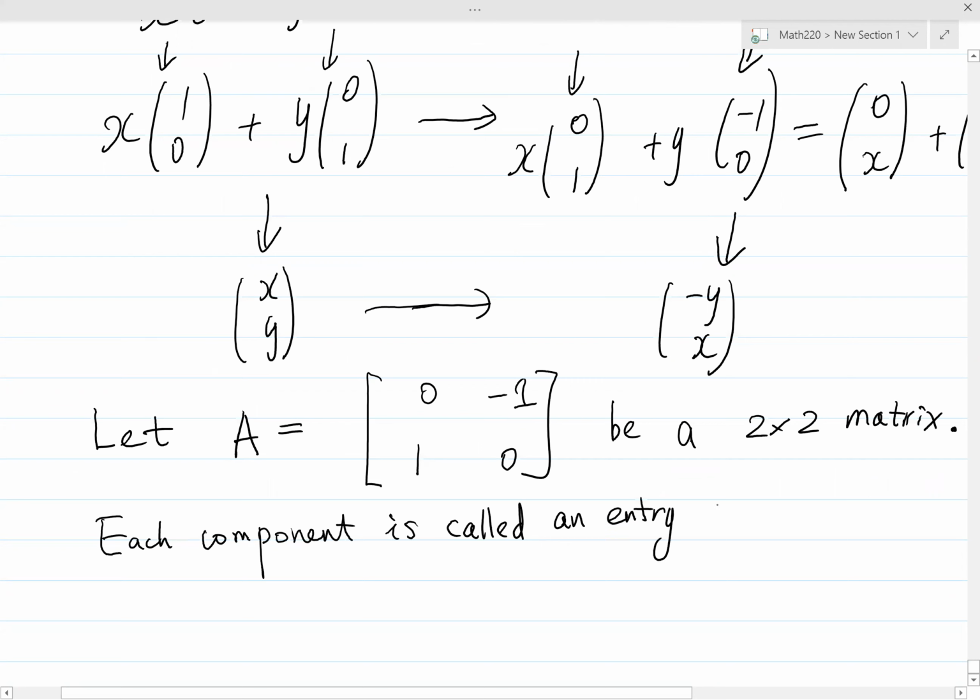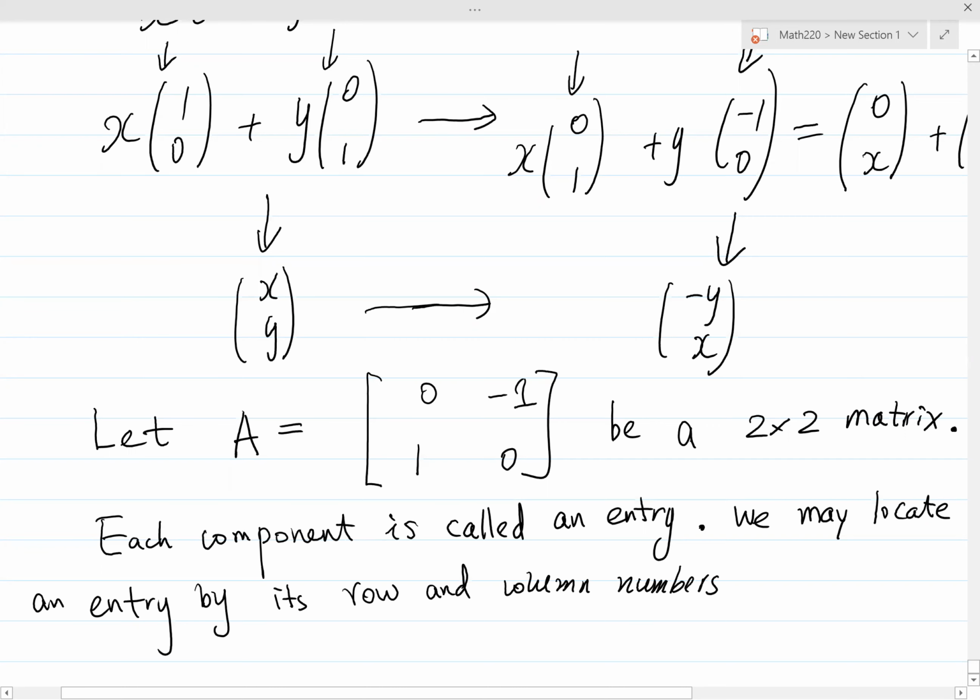Now we can locate an entry by its row and column numbers. Suppose it's the i-th row, j-th column.